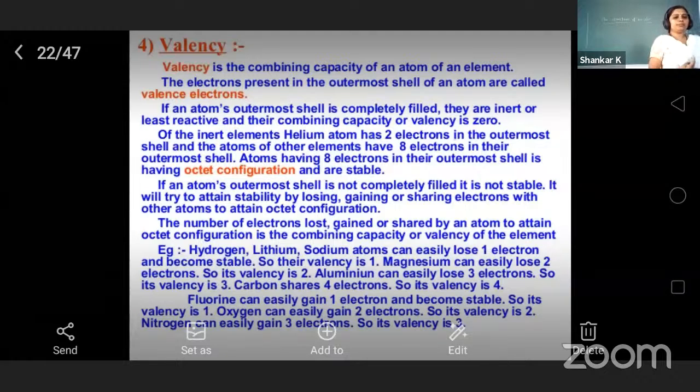For example, hydrogen, lithium, and sodium atoms can easily lose 1 electron and become stable. So their valency is 1.